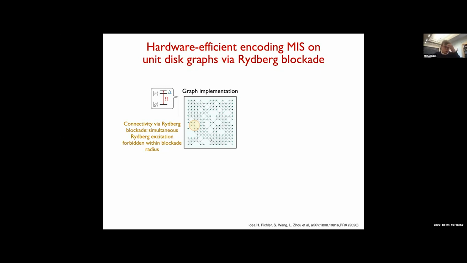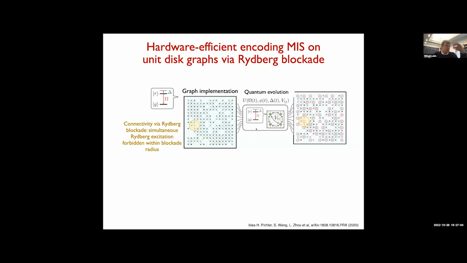And afterwards, to solve this problem, we start by exciting all of these atoms with the laser, and we try to optimize our excitation such that we can excite as many atoms as possible, subject to the blockade constraint. And by definition, if we can really do it optimally, perfectly, it should give us a solution to the maximum independent set problem.